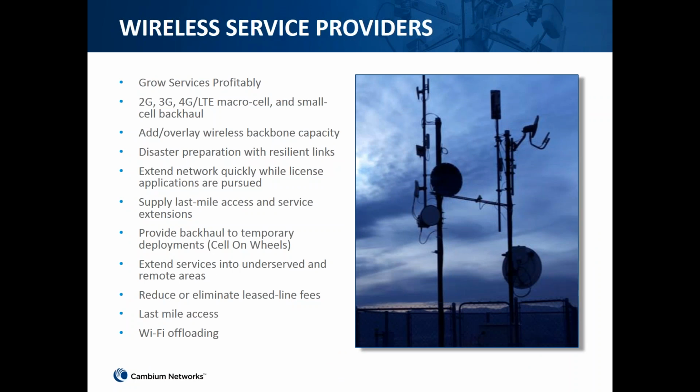They also provide temporary backhaul for deployments, along with extending networks quickly, for example in a remote rural area. These guys are the best. The PTP 670 has a long range, which we will get to in the next few slides, so it can provide a strong wireless backbone to remote parts of the network.